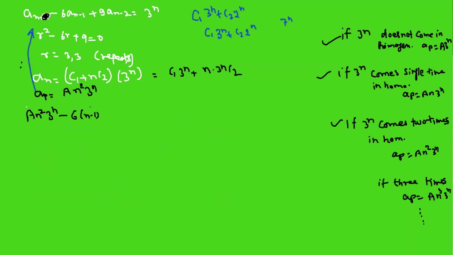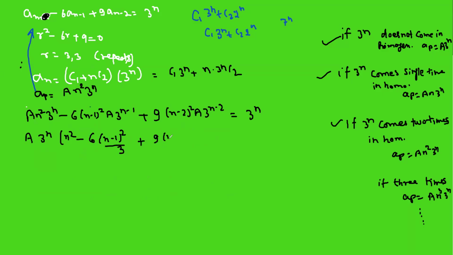This is not n minus 2. This is only n. Okay. Understood?